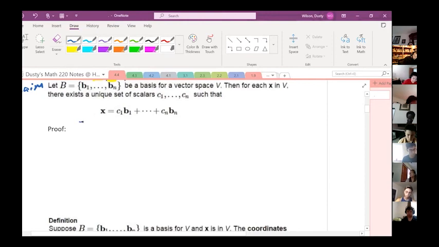I'm going to move up just for the sake of space. So let x in V be given. We're trying to show that it's unique. So what we're going to do is assume that there are two different representations.